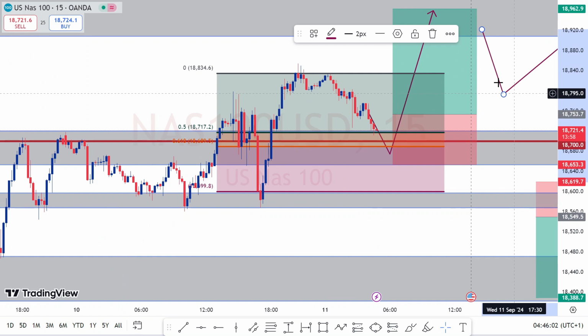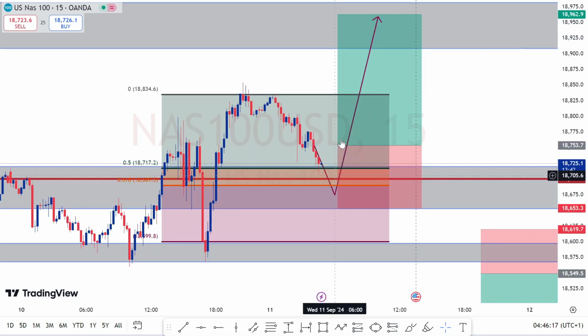So this is the impulsive move, then the correction. We are waiting for this retest before we go bullish. Before we go bullish, there are certain things we want to see: a candlestick reaction or confirmation here.